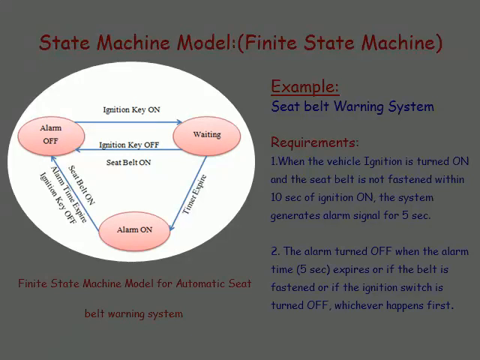The alarm on state continues until a seat belt on, ignition key off, or alarm time expire event occurs, whichever occurs first. The occurrence of any of these events transitions the state to alarm off. The wait state is implemented using a timer. The timer also has a certain set of states and events for state transitions, which we'll discuss later.